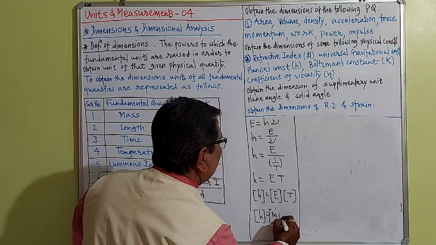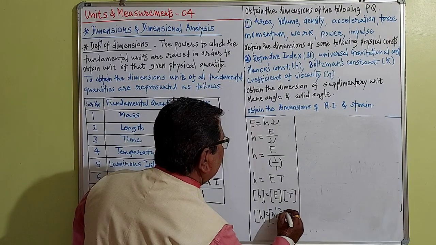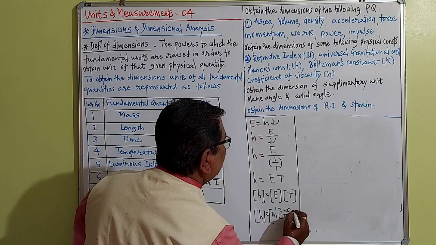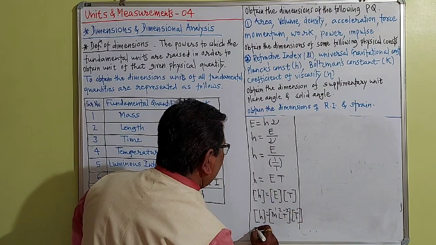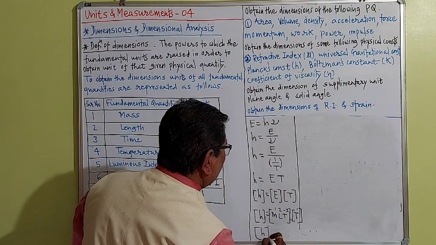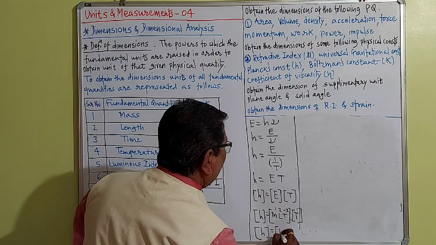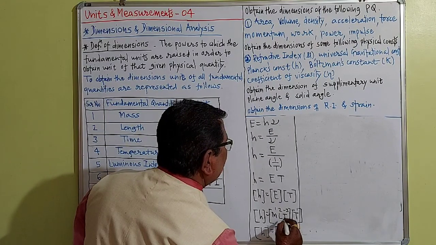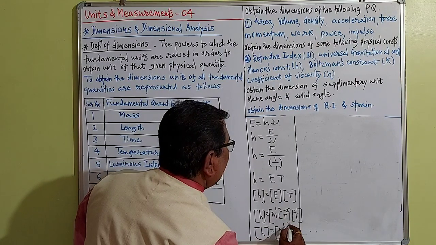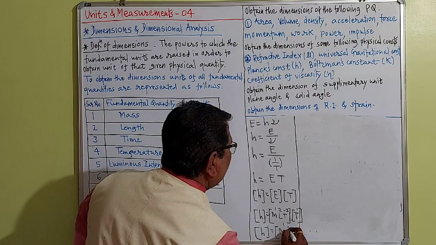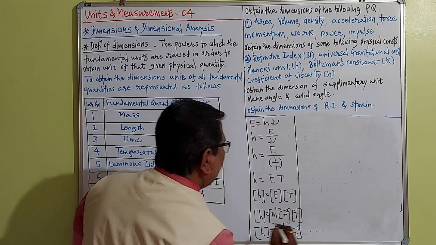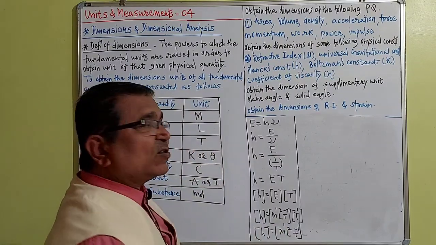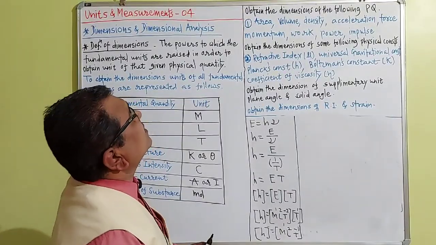M1 L2 T minus 2, that we have already calculated, and the dimension of time is T1. So finally dimension of h is equal to M1 L2 T minus 1, that is the dimension of Planck's constant.